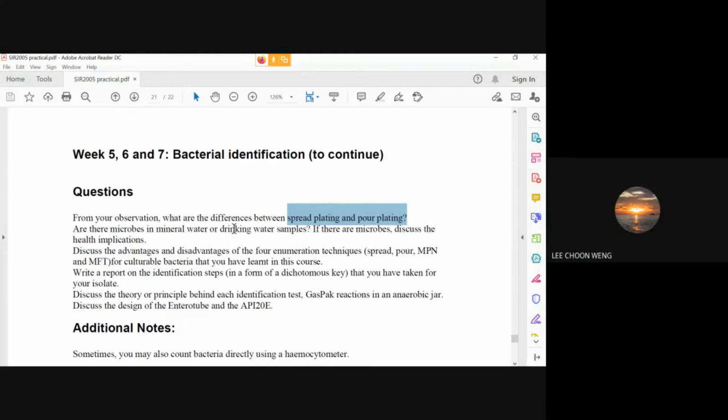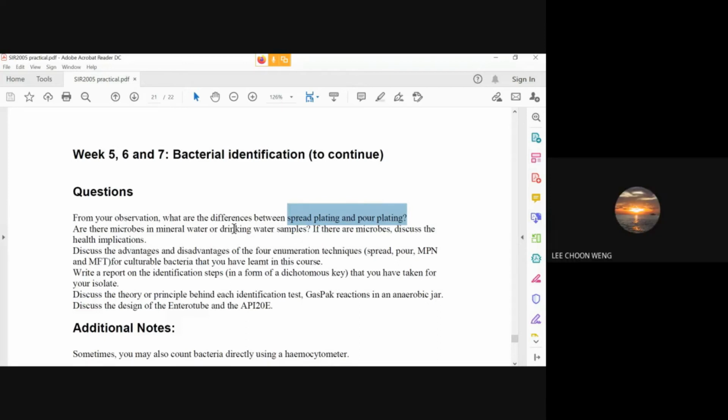Yeah, but from your observation, the method is different. So what other things are different? The colony of the bacteria form. Yeah, what's the difference? With spread plating, the colony only forms at the top of the agar, but with pour plating, we can see the colony inside the agar. Okay, very good.